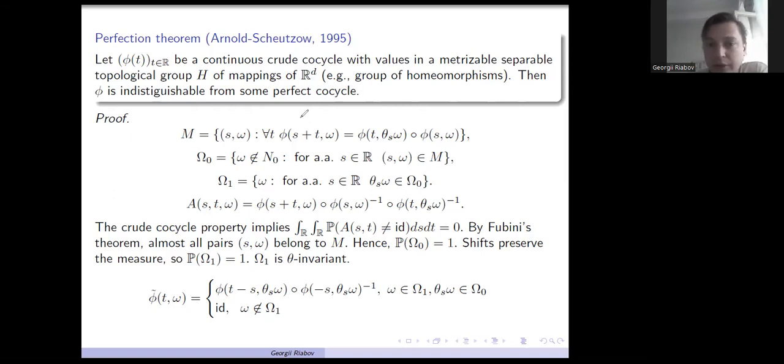So we have here identity, identity, and identity. In the case ω belongs to Ω1, we do the following. We choose any shift of ω that belongs to Ω0 and define φ tilde as such composition: φ(t−s) evaluated at the shifted ω, composed with φ(−s, θs ω)^{-1}.